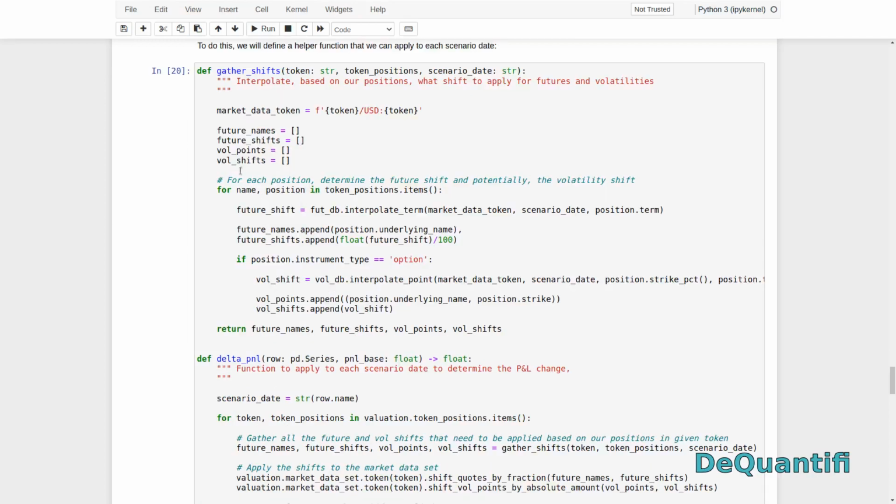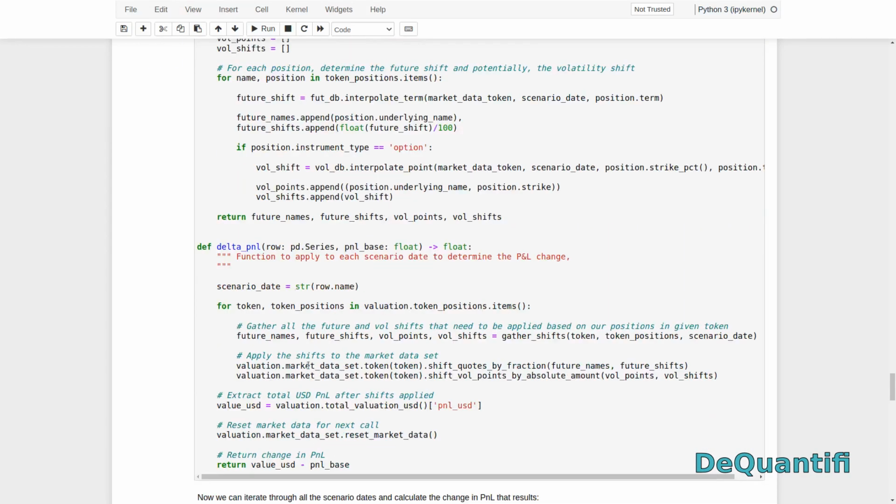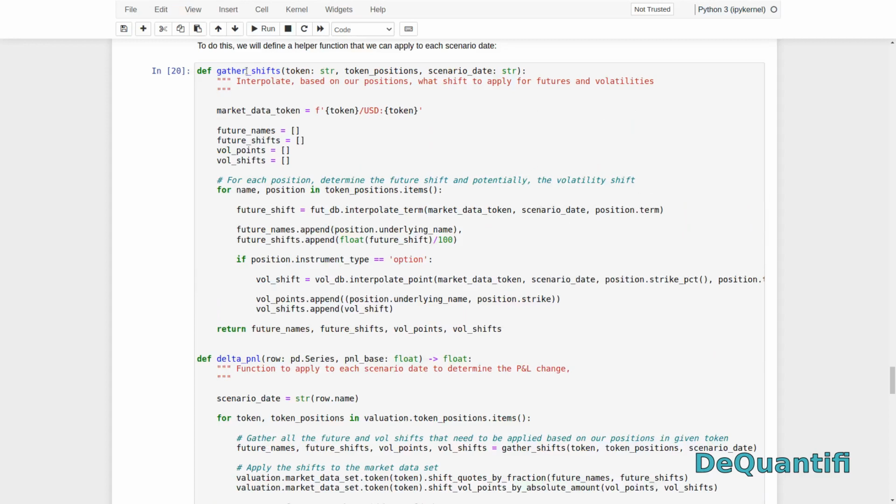To do that, I have a couple of helper functions. The first to calculate for each scenario what shifts to apply, and the second to actually apply those shifts to our market data set. The gather shifts function iterates through our portfolio and interpolates what changes to the future curve need to be applied and what changes to the vol surface need to be applied.